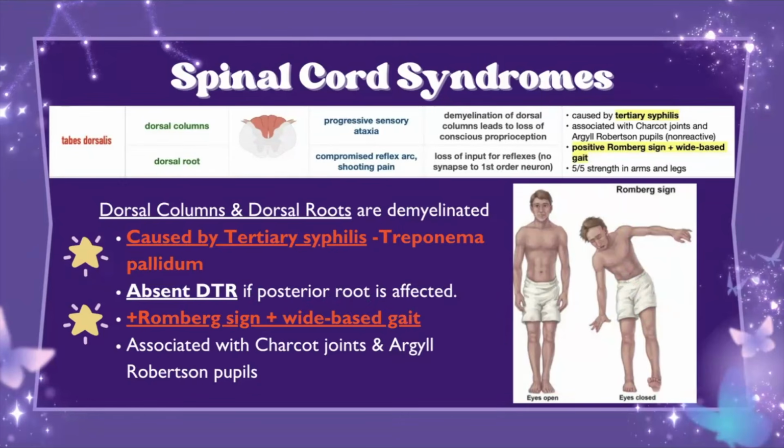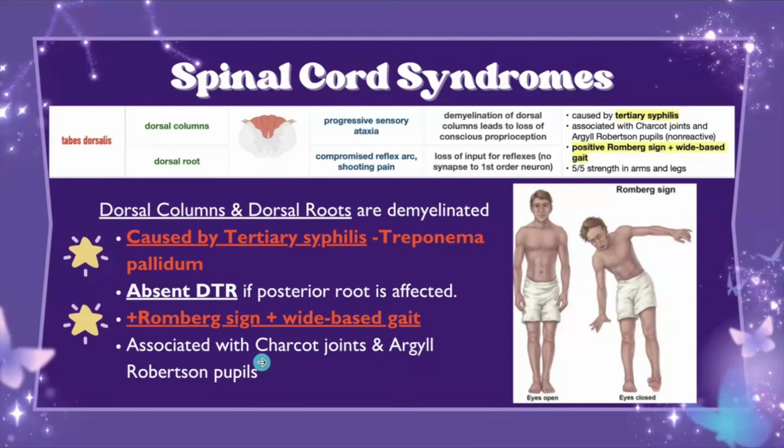Now, this tabes dorsalis is also associated with Charcot joints and Argyll-Robertson pupils. Charcot joints happen because there are no proprioceptive impulses from the feet. So these patients would keep on injuring their feet because they can't feel them, and so they would have a deformity of their joints and their bones.